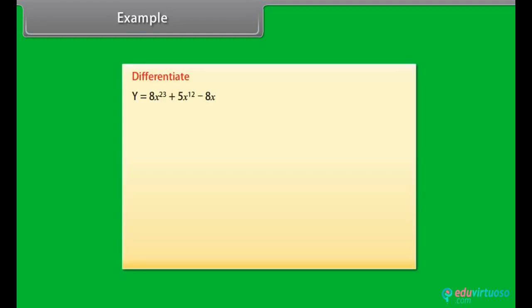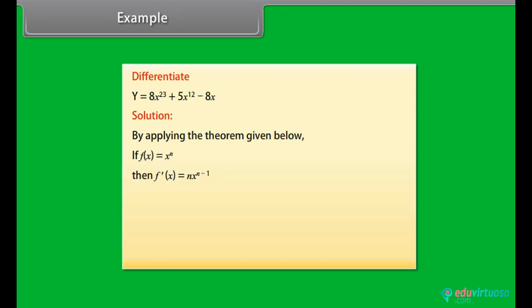Example. Differentiate y is equal to 8x raised to power 23 plus 5x raised to power 12 minus 8x. Solution. By applying the theorem given below, if f(x) is equal to x raised to the power n, then f dash of x is equal to n into x raised to the power n minus 1, where n can be any real number.